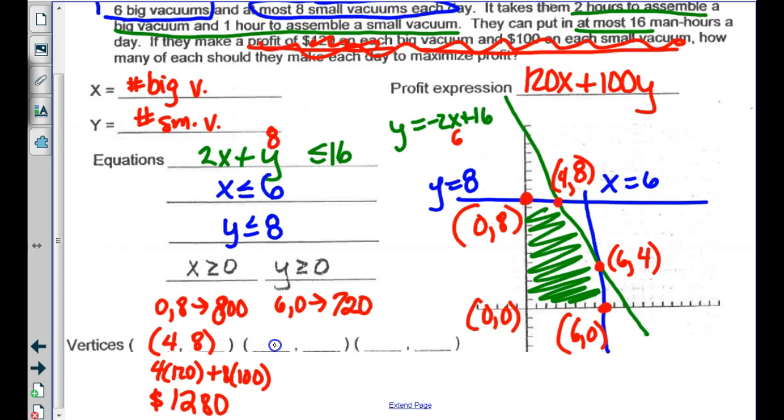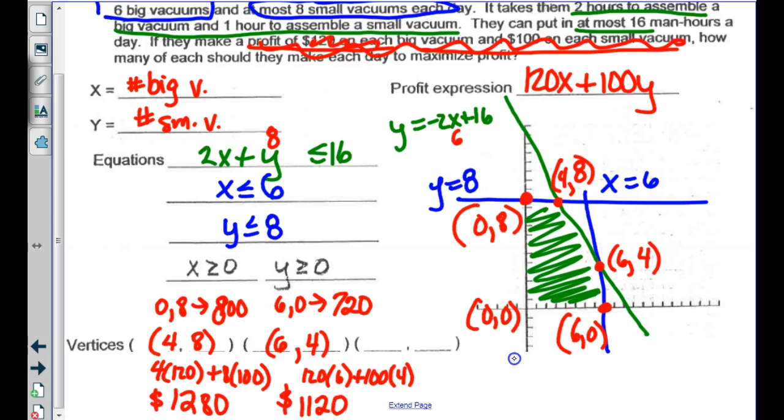We didn't have enough blanks for sure. And what did I miss? 6, 4. So 120 times 6 plus 100 times 4. Yeah, that seems like 1120 to me.